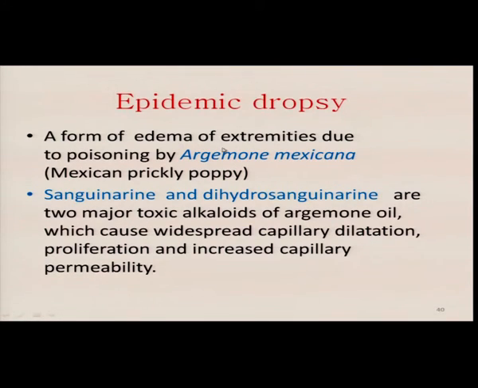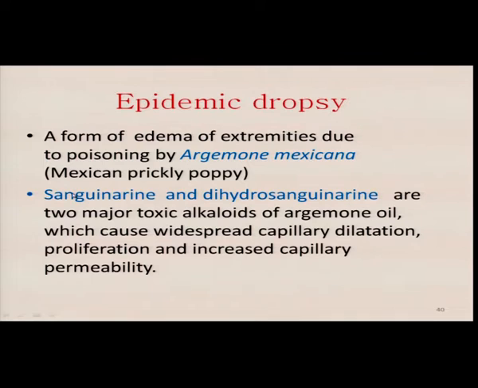There is another very famous illness, caused by edema of the extremities, called epidemic dropsy. This is the formation of edema of the legs or extremities by poisoning by Argemone mexicana, commonly called Mexican prickly poppy.